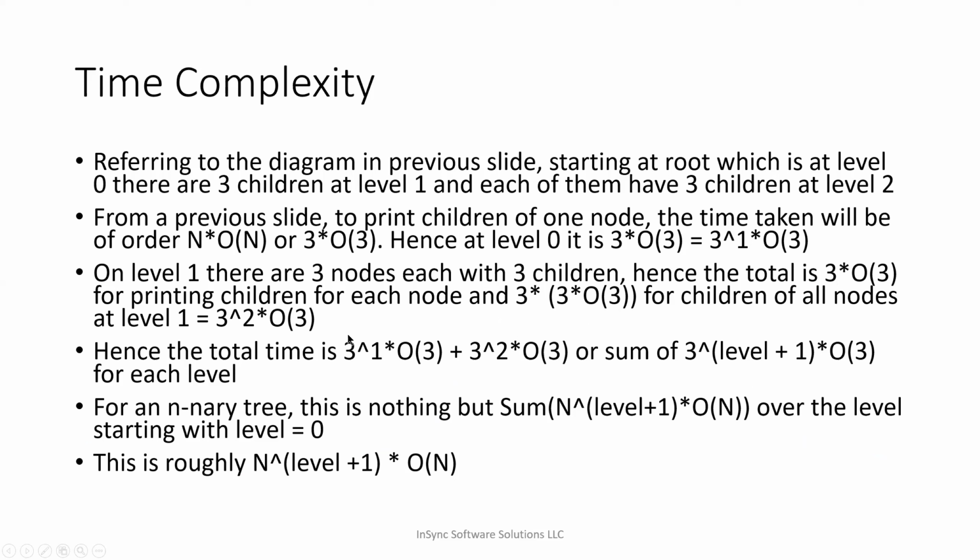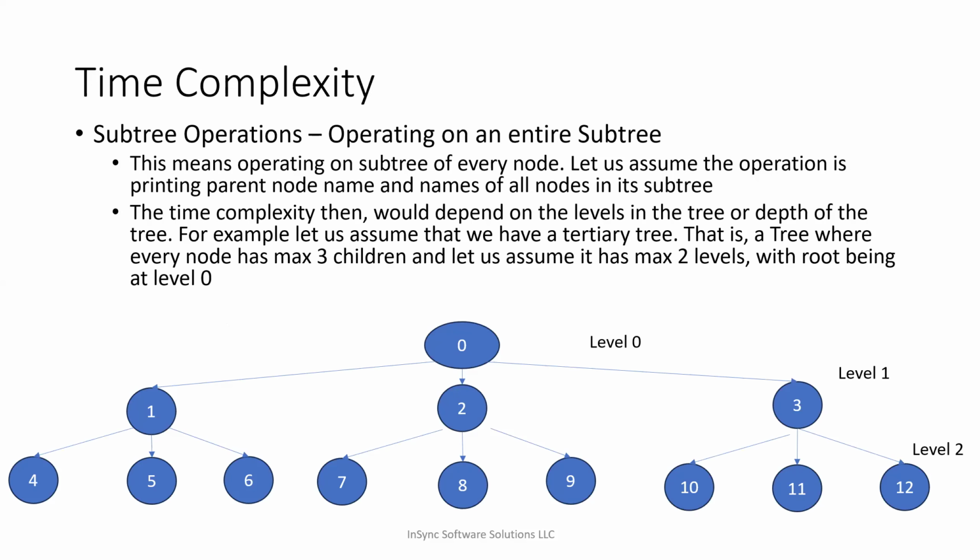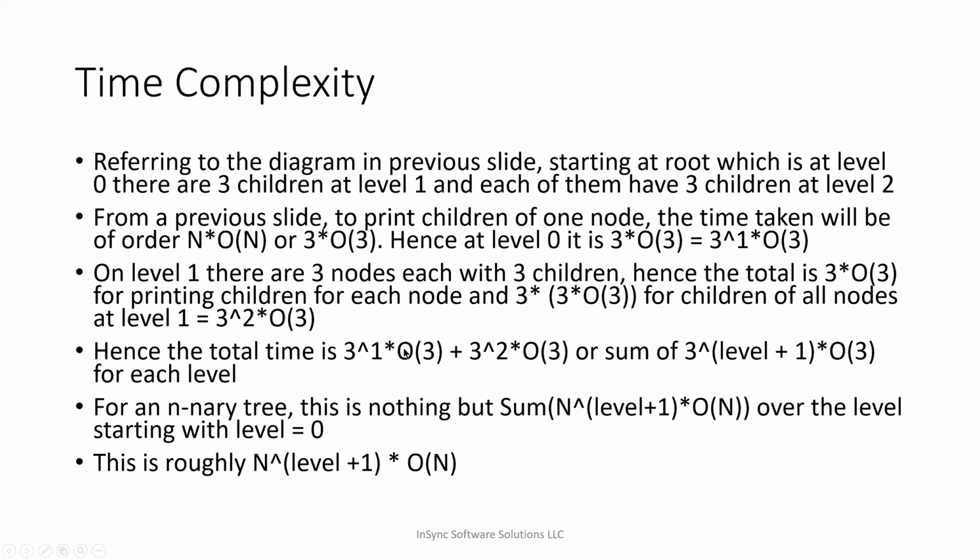So the total time taken for these tree operations from root is going to be 3 into order of 3, or we can say 3 power 1 into order of 3, plus 3 squared into order of 3. If we generalize it, 1 is 0 plus 1 and 2 is 1 plus 1, so level 0 and then level 1.